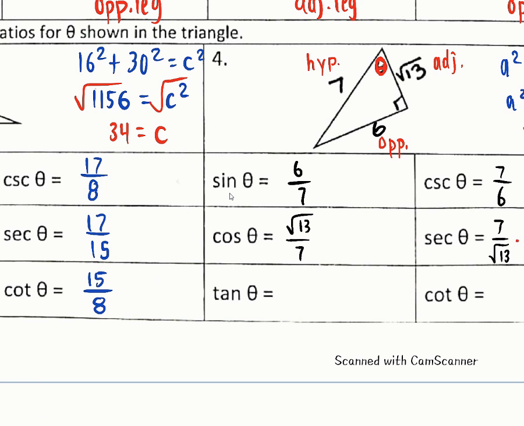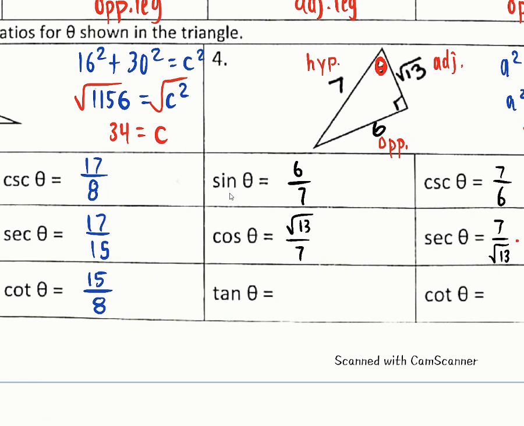So we multiply by the square root of 13 over the square root of 13, and that gives me what final solution? 7 square root of 13 over 13. No, not square root of 13, just 13. And that is the final answer for that secant.